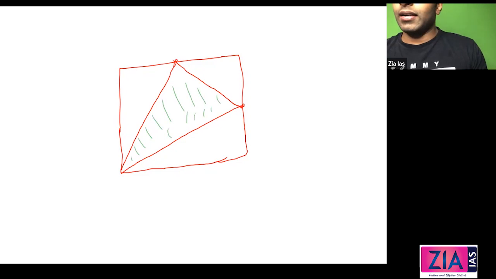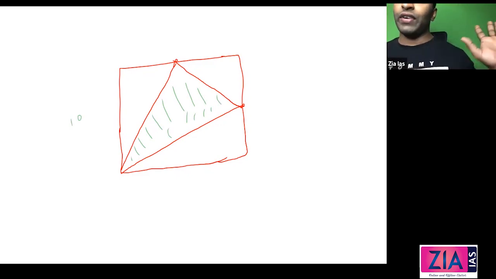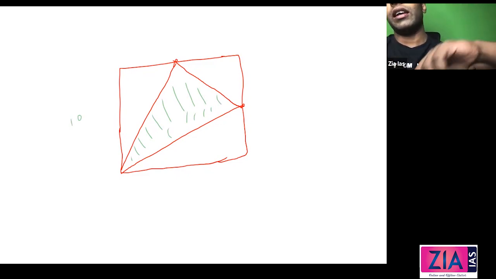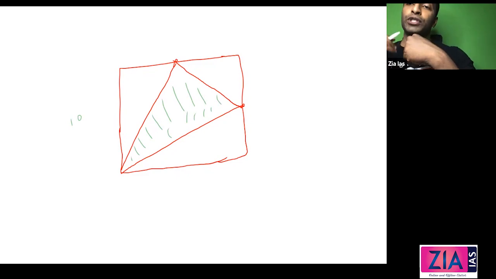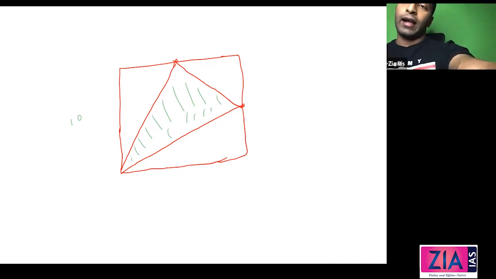I've shaded this triangle. Now I'll tell you this side is 10 or 60. It doesn't matter, guys. It can be 10 or 100 or 16 or whatever it is. My objective is to be in a position to tell what percentage of the square is the triangle. If I can tell that, then whatever area or side they give, I just need to get it in terms of percentage. My answer is ready.